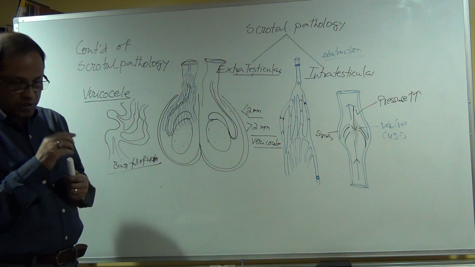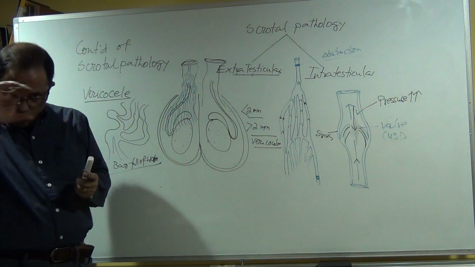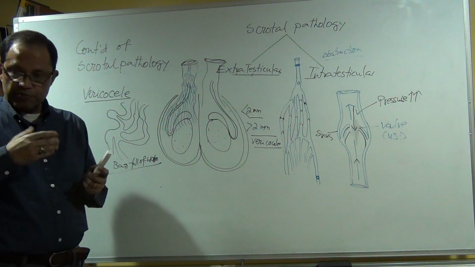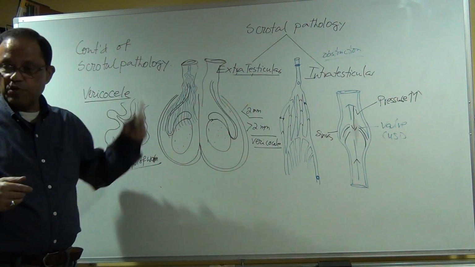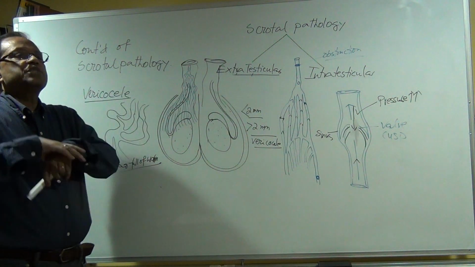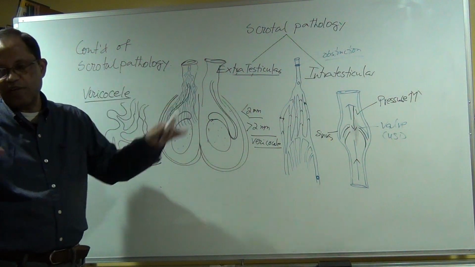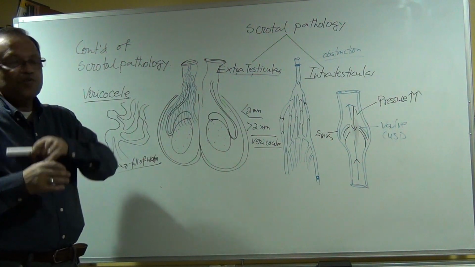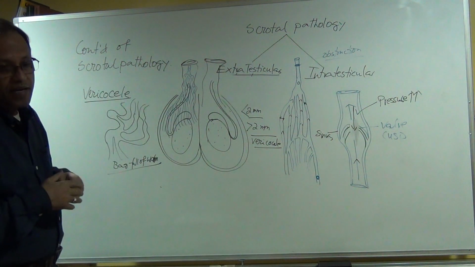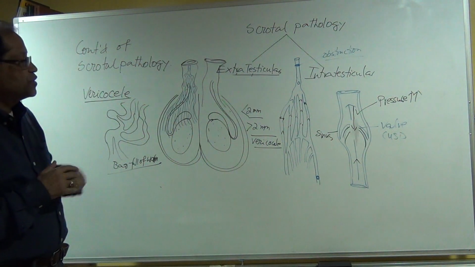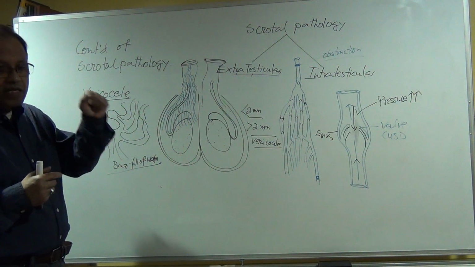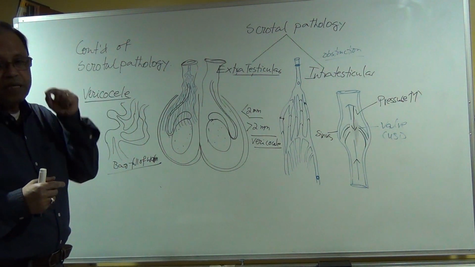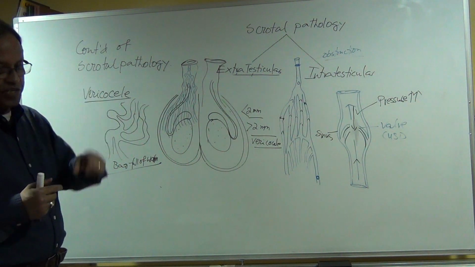Some of the tubes you will see elongated, some in cross section, because they go in all directions. Then you have to click the color. Then you will see, oh my God, it is more than the 4th of July. So colorful, different colors. Then you have to measure the anechoic area only, inner to inner, the AP measurement. AP means height.